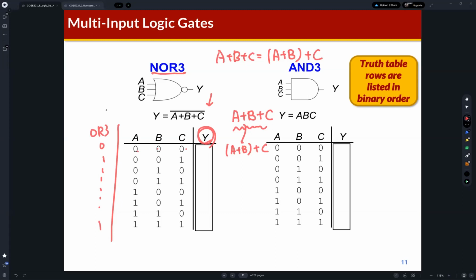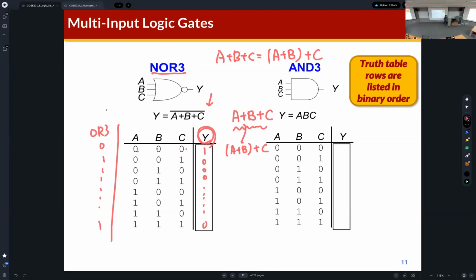But this is the NOR, so the output is inverted, so the output becomes 1, 0, 0, 0, 0. Okay, it's easy, right? Even though the logic gate can have more than 2 inputs, we can apply the same definition to the multi-input logic gate.